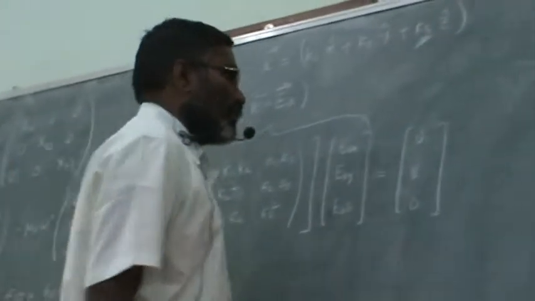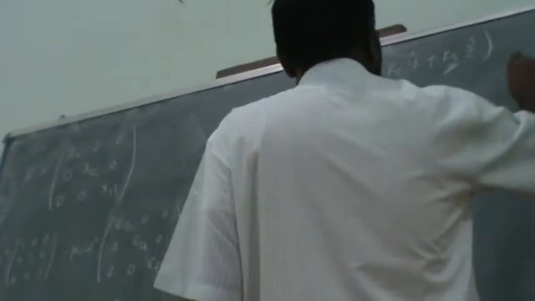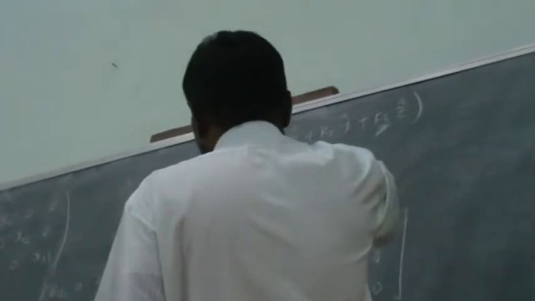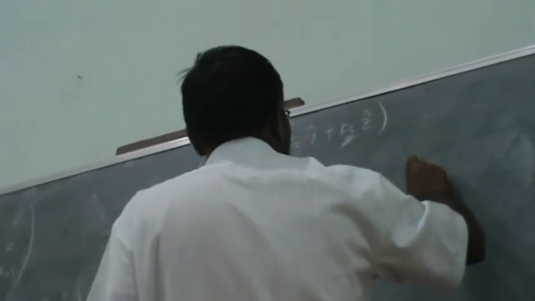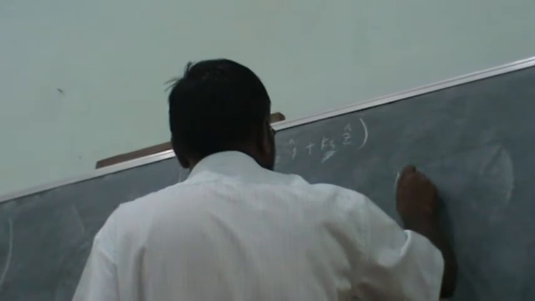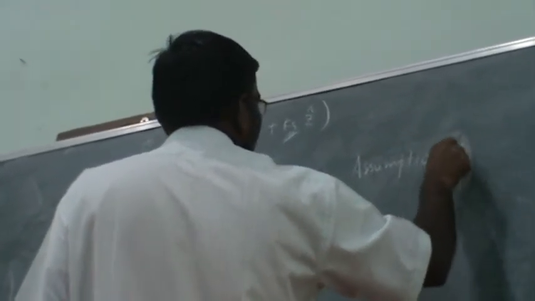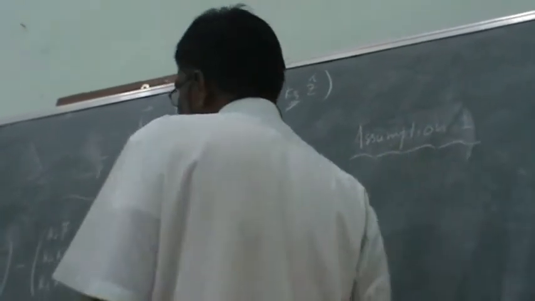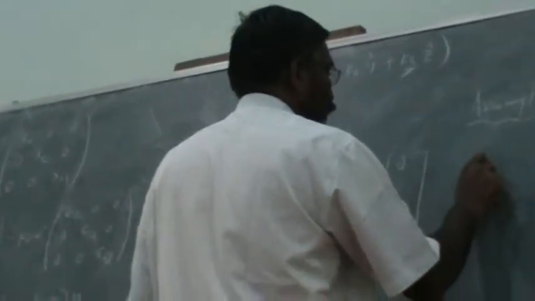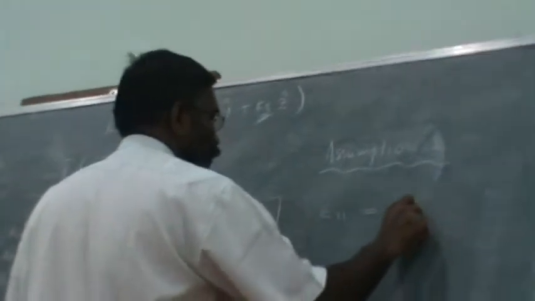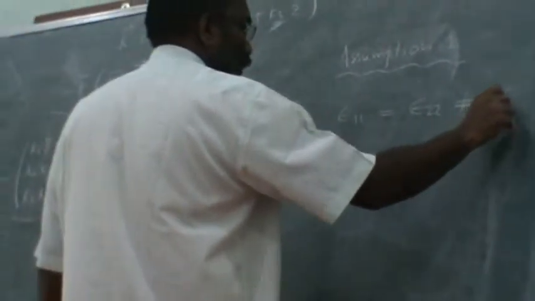We can make two simplifications. We make two assumptions. In any physical problem, we have to make many assumptions to finally see the result. So the first assumption is that epsilon 11 is the same as epsilon 22, but is different from epsilon 33.